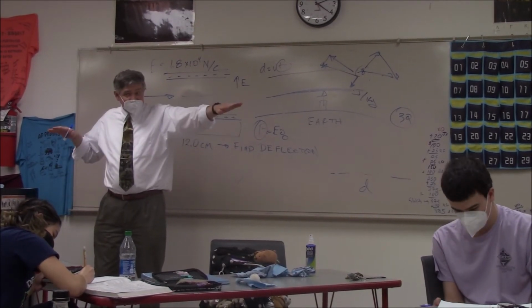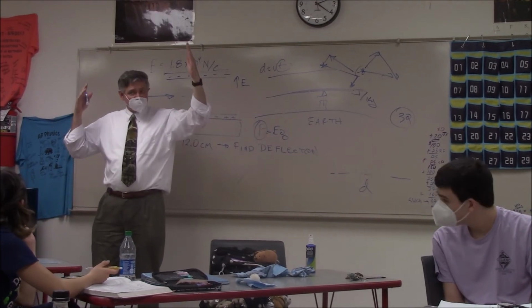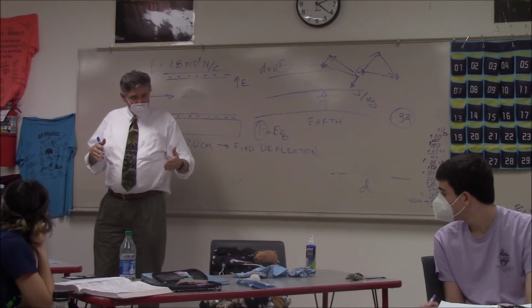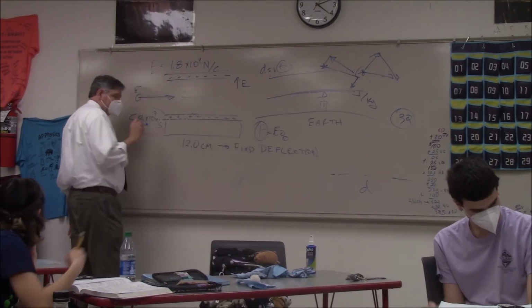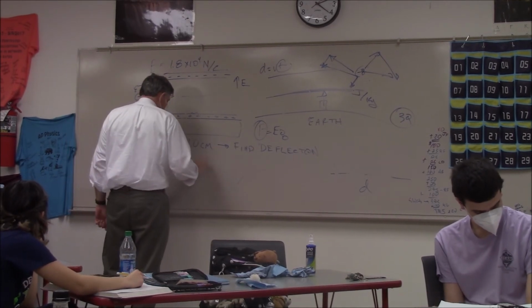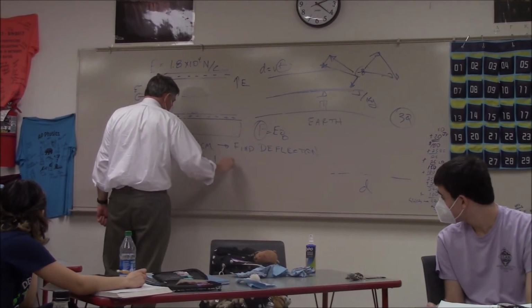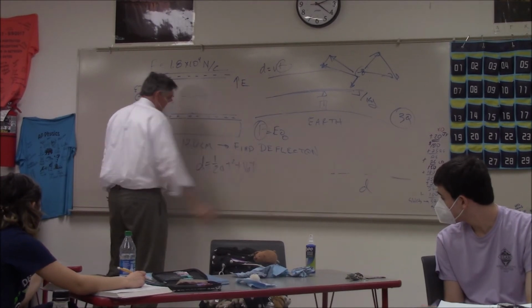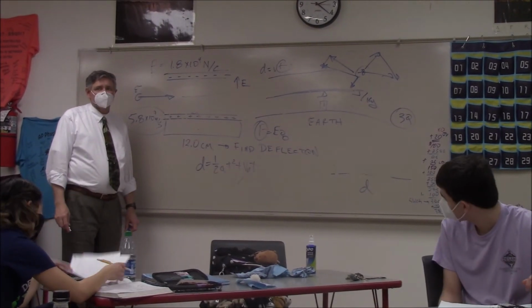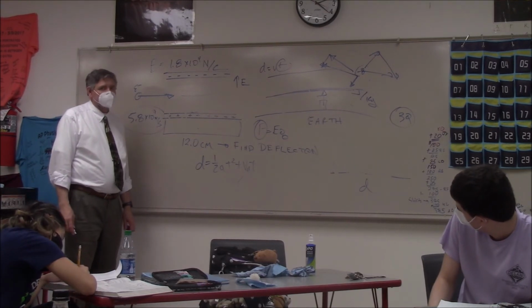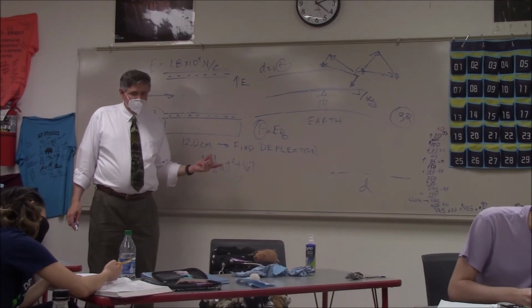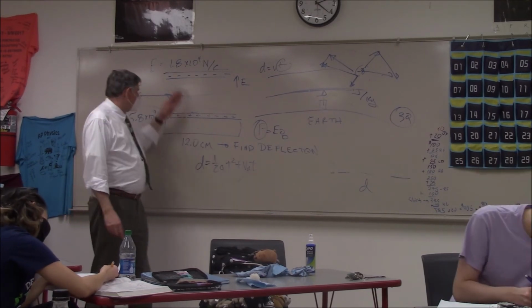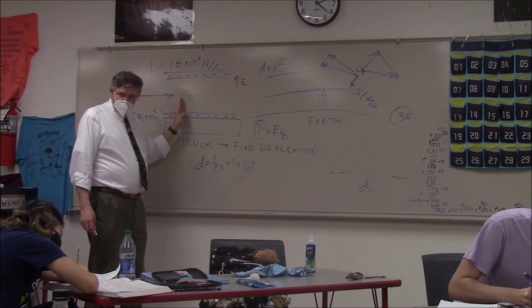Because what happens in the X stays in the X. What happens in the Y stays in the Y. So, you know your force, you can find your acceleration, and then you can do 1/2 a t squared plus v naught t. Now, what happens in the X stays in the X. What happens in the Y stays in the Y. Vertically, this is where your acceleration is happening.